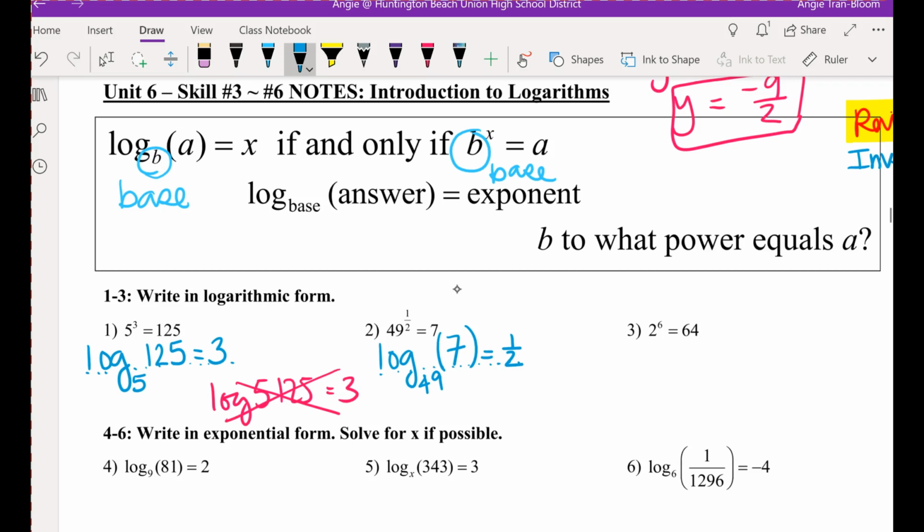Why don't you try 3 and then ask your shorter partner to check your answer? Because I'm going to call on you to give me, or actually I'm going to hand you this so you can write on here. Make sure you read it as log base too. No, it's okay. You're going to get used to it. At first it's kind of weird.